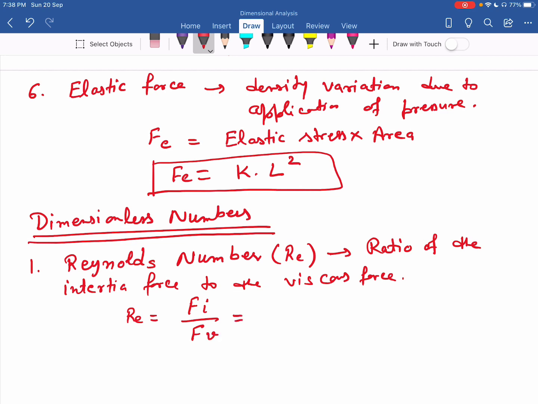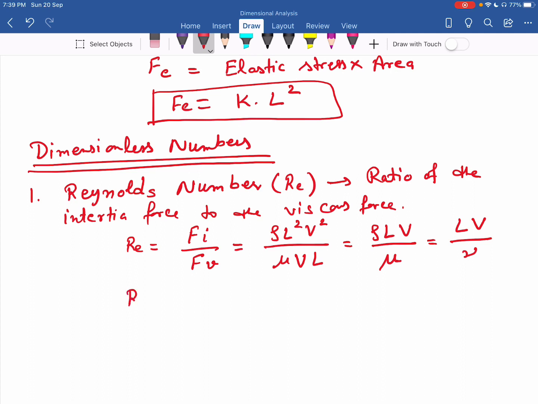So you have the formula for Fi as rho L square V square, and FV as mu VL for a square element. So I can write it as rho LV upon mu, or LV upon kinematic viscosity nu. So for a square element, the Reynolds number is rho LV upon mu, or for a circular element, I can write Reynolds number as rho dV upon mu.